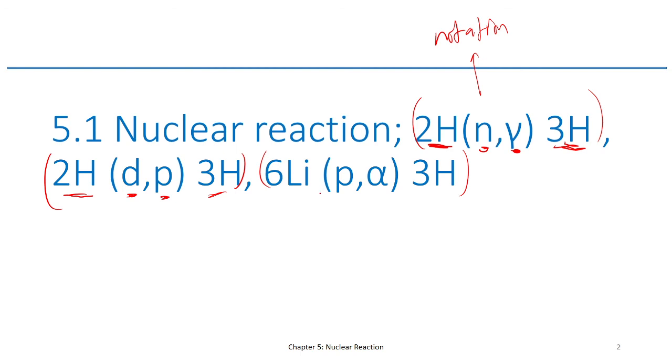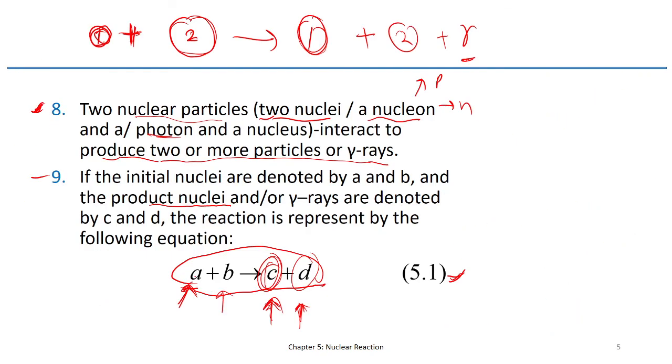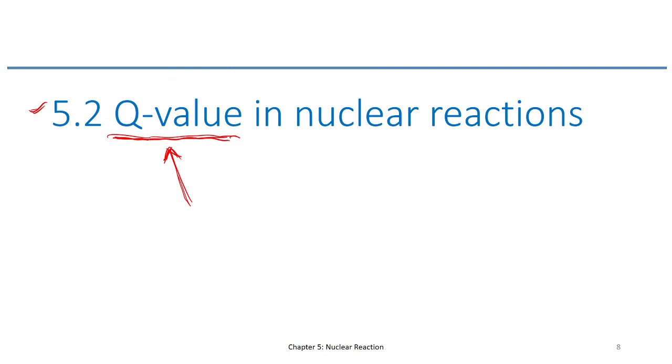Lithium bombarded with a proton gives tritium and an alpha particle. So the title given here is just an example of nuclear reactions according to the notation with brackets.